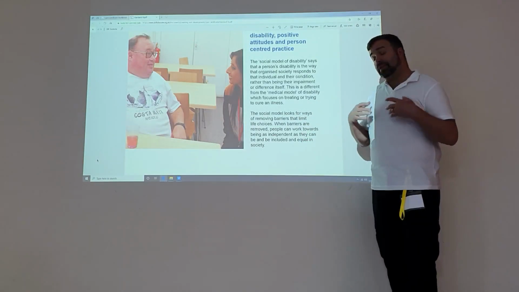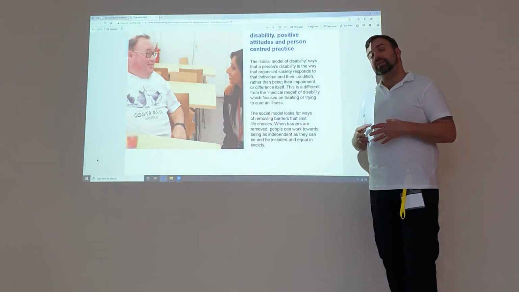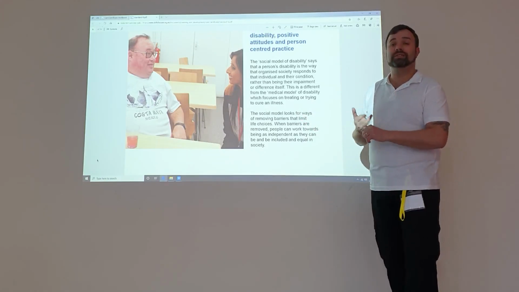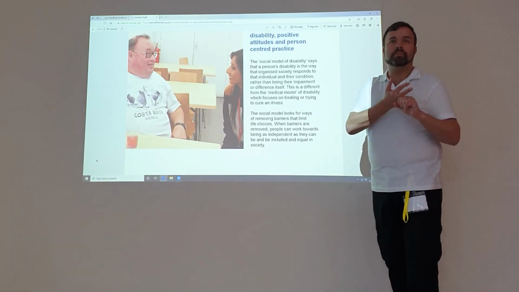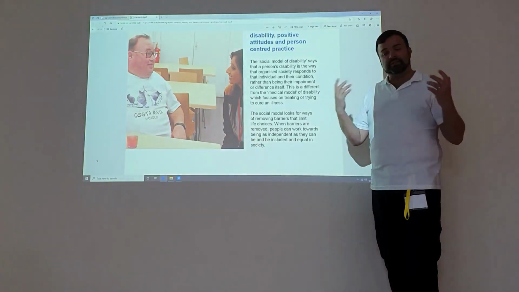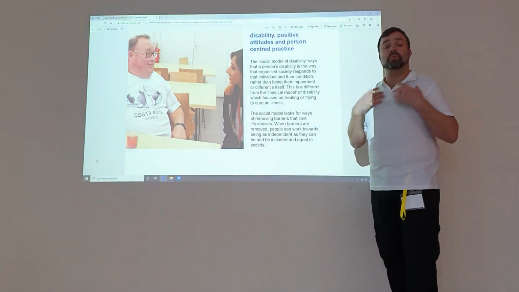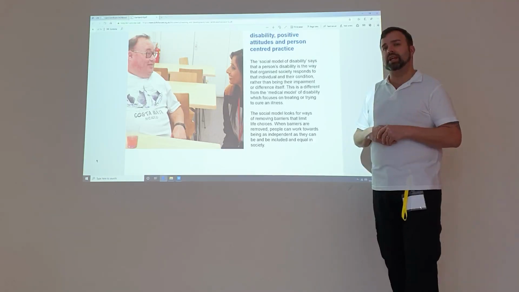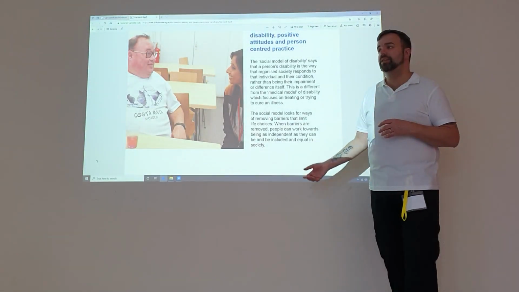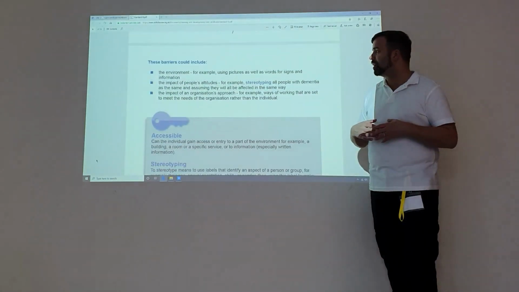Again, we need to look at some of the barriers that people face. And some of the barriers that people face with mental health or learning disabilities will be accessing services, forming relationships, the right to vote, all things like this, which we take for granted in our everyday lives. So it's important that we can work with people to raise those awarenesses.